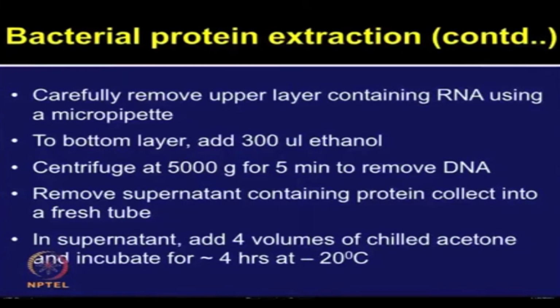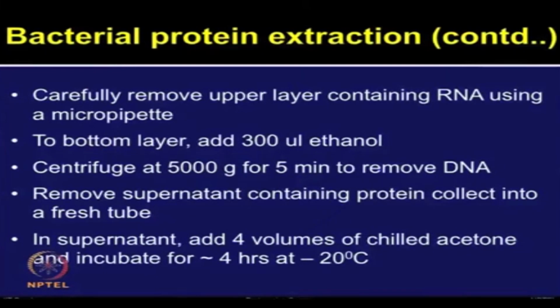In fact, this step can be used for keeping the material safe for further DNA extraction. The same applies to the previous step, where you can collect the RNA, which can be further used for RNA cleanup and preparation. Once you have removed the supernatant which contains the protein, you can collect that in a fresh tube, and to this supernatant you can add 4 volumes of chilled acetone.